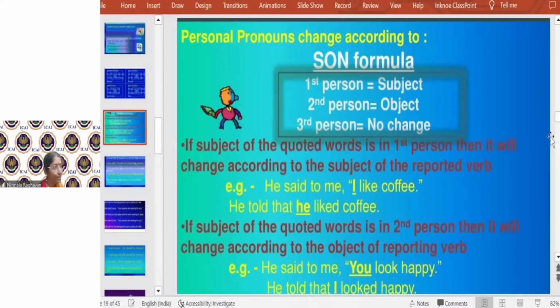That's much better. Now, he said to me, "I like coffee." He told me that he liked coffee. Okay. So "I" becomes "he." So now we are seeing the change of first person, second person, third person.